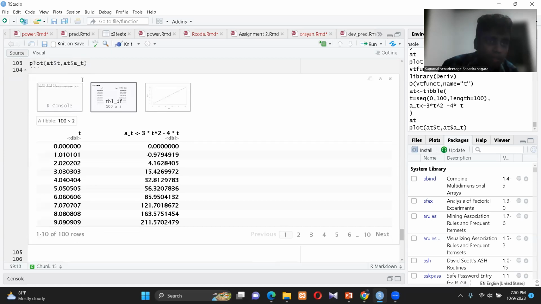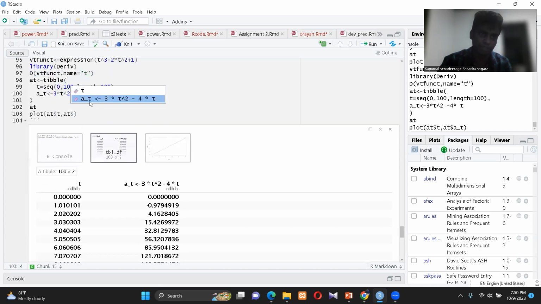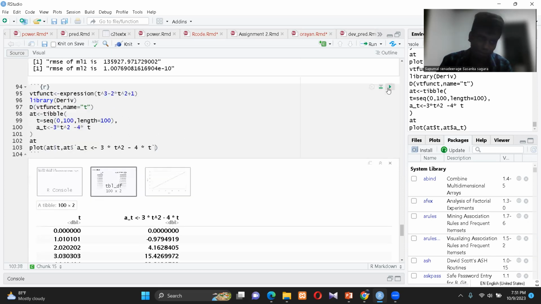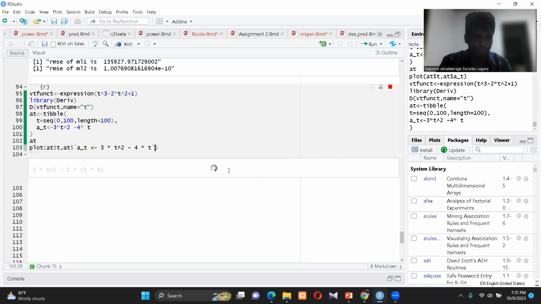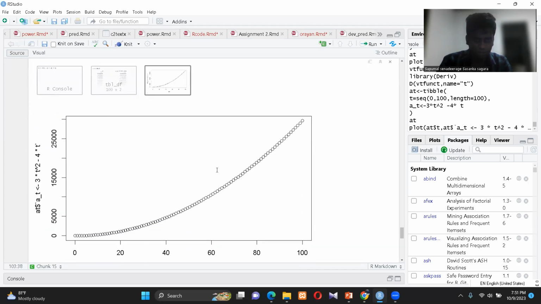Let me change this. There should be an error if there is no particular field like that. I'm not sure why it occurred like that, but we can rename that field. Now it's fine. You can see the current format of that.